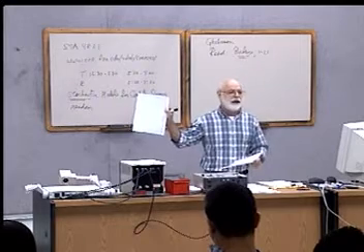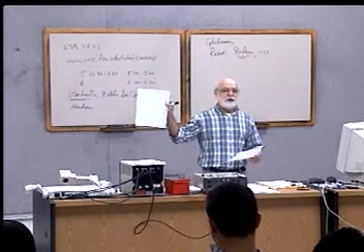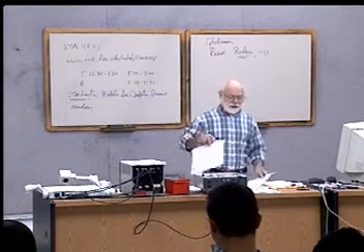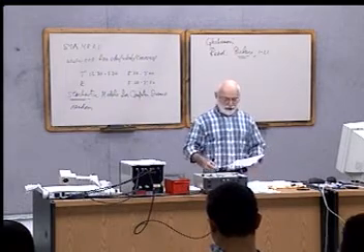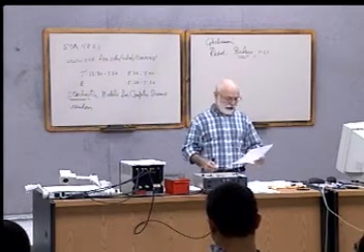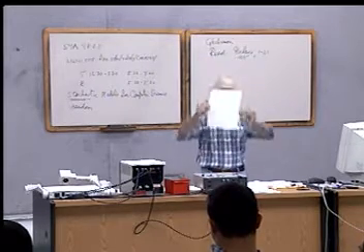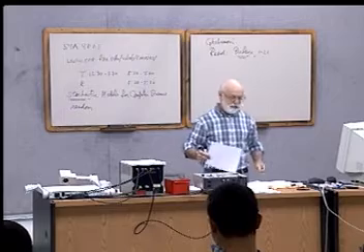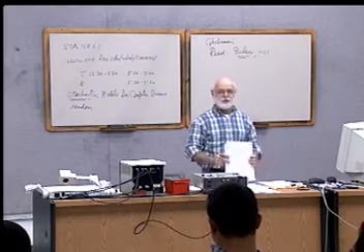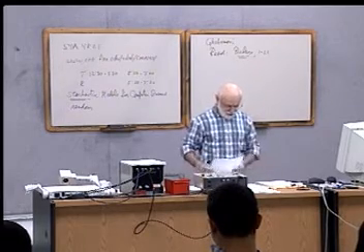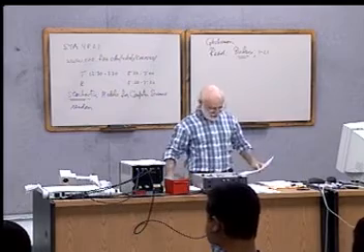You have to plot things by hand, and at least the first time you do it, that's important. It also makes it easier for me to grade, because all I have to do is find one that's right and then take every other one and hold it up to the light like this. If the two match, then they're both right. If they don't match, then one of them's wrong. So I like to keep things easy for myself as well.